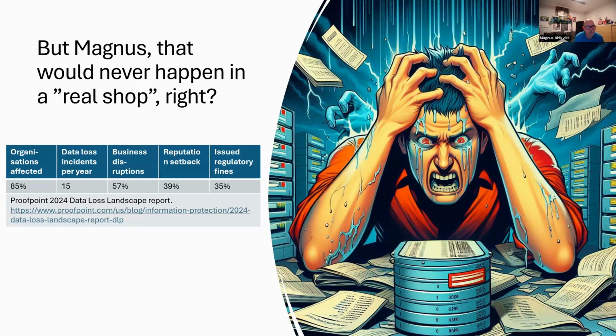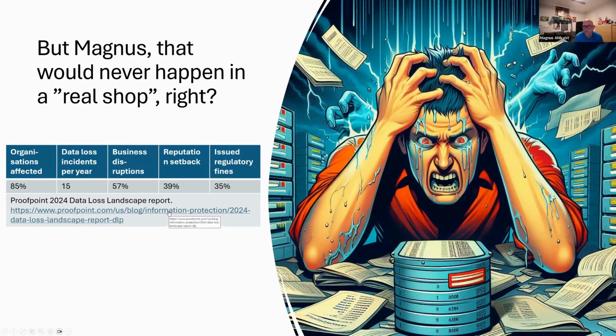In a survey that is called the Proofpoint 2024 Data Loss Landscape Report, I don't think it's free to download. You'll have to pay a little bit for it. But if you're really interested in disaster recovery, then it's a good read. 85% of organizations surveyed say that they suffer data loss. I mean, it could be anything.